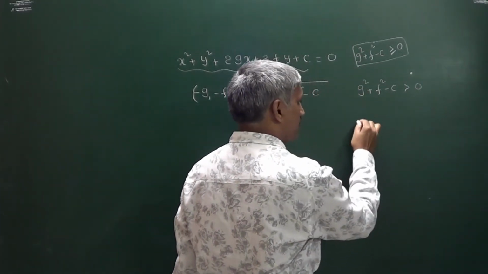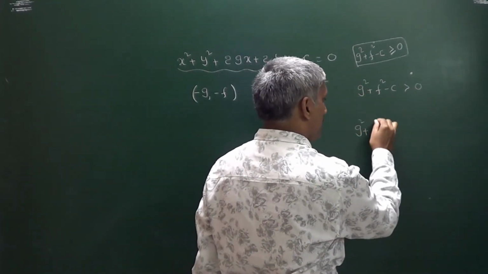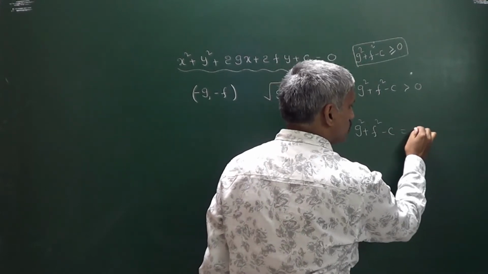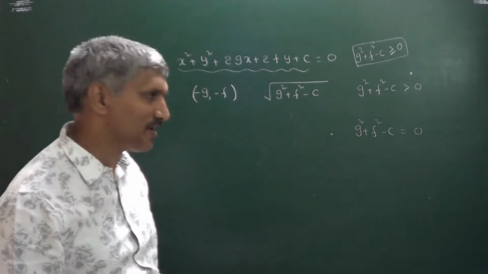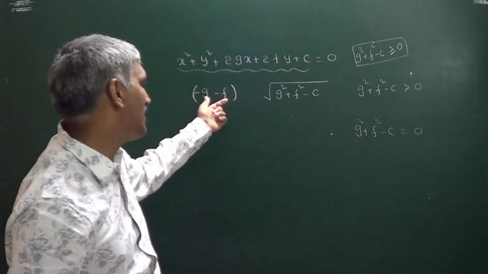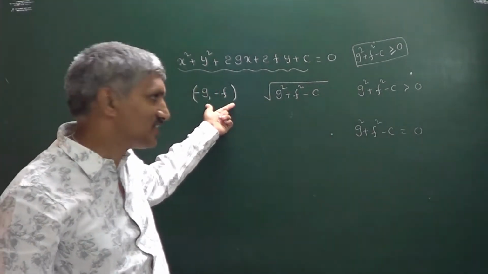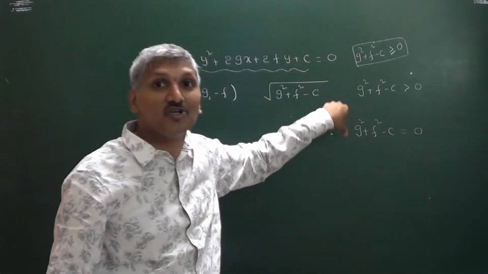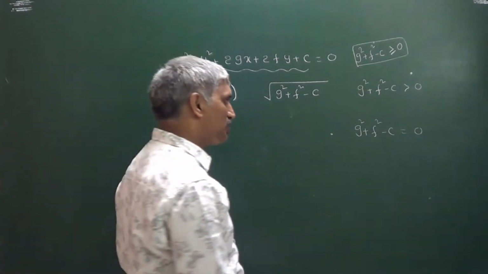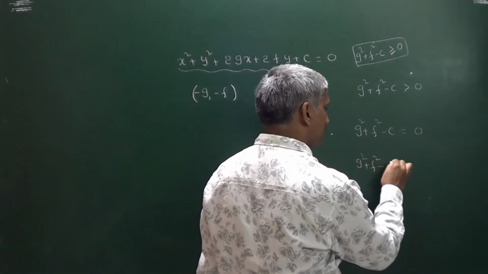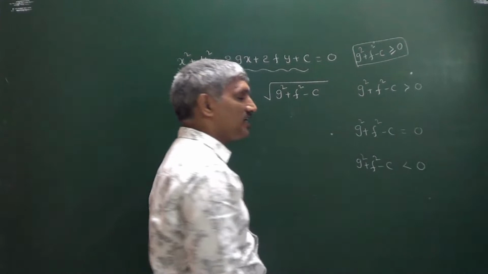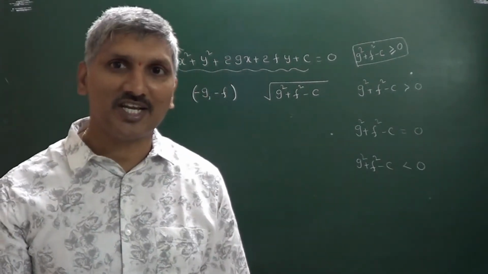If g square plus f square minus c is equal to 0, then it represents a point circle. That means that point is nothing but minus g comma minus f and radius is equal to 0. And g square plus f square minus c less than 0, that equation represents an imaginary circle.